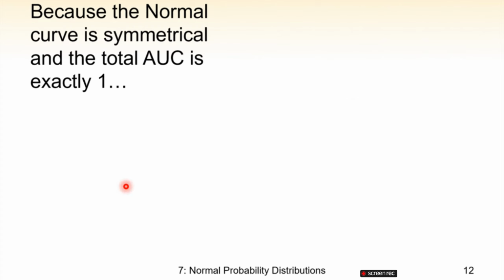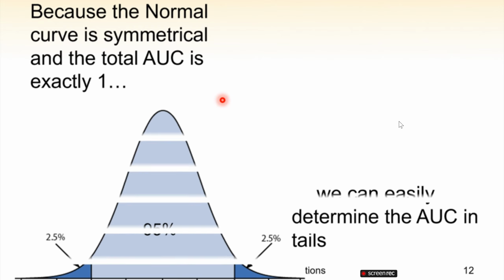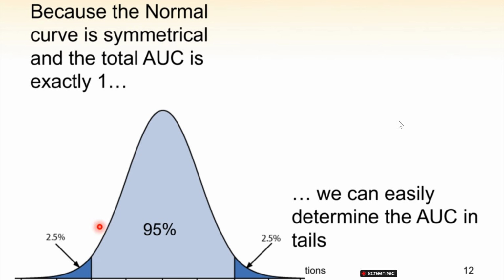Because the curve is symmetrical, the total area under the curve is exactly 1, or otherwise you can refer to it as 100%. So you have the curve going up and coming down. The total area under it is described as 1.